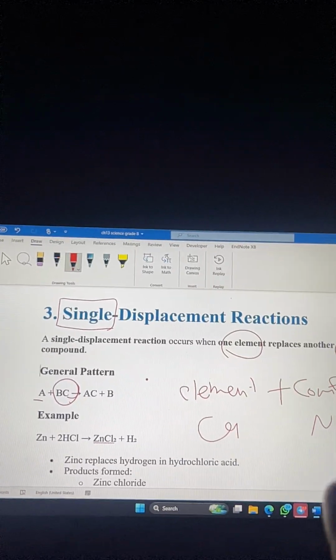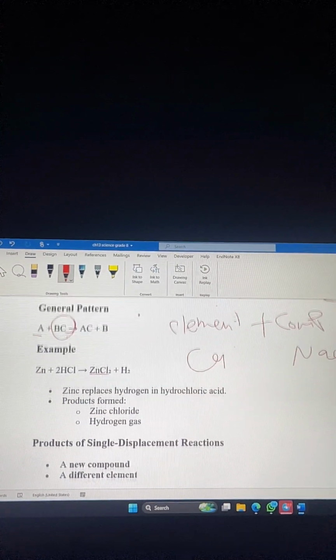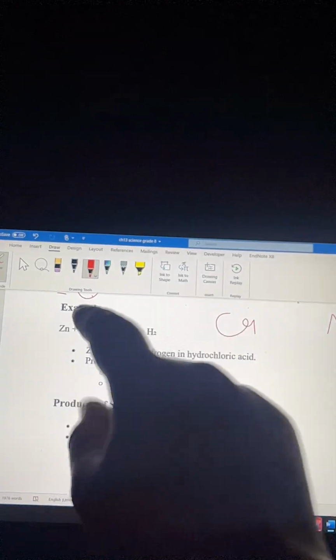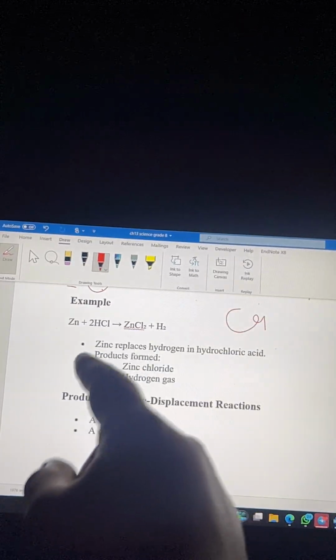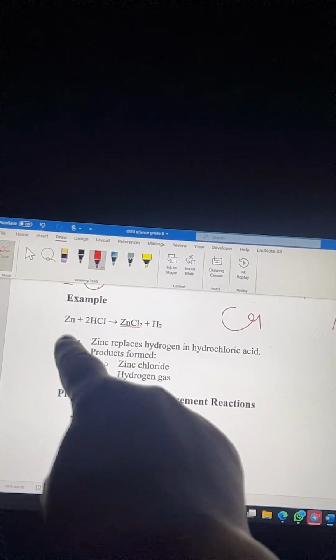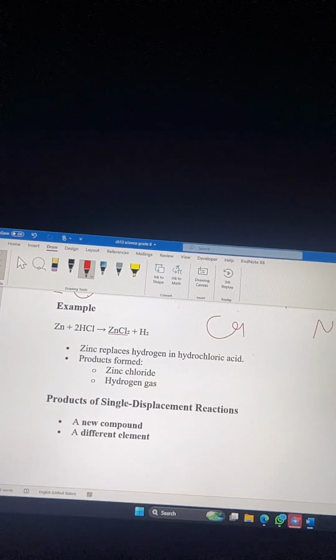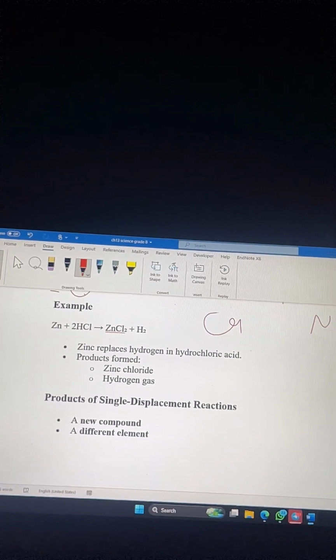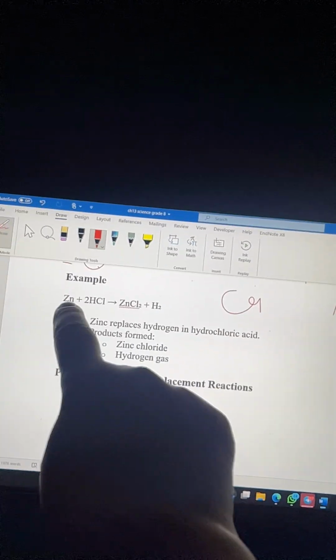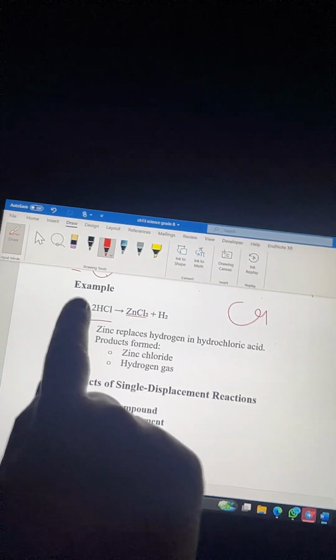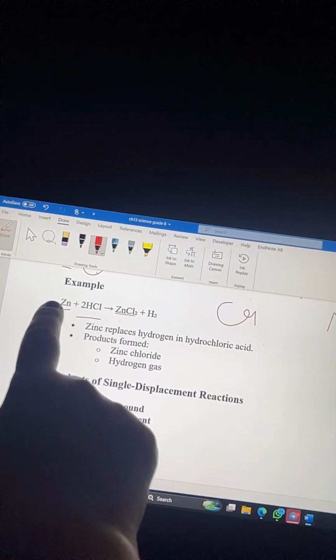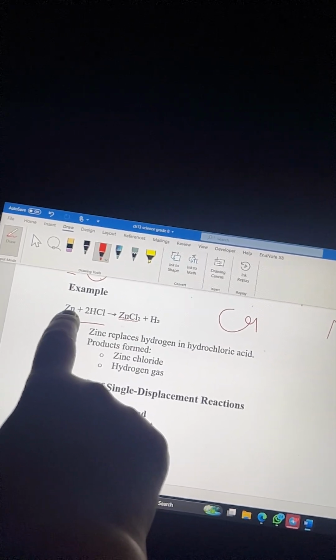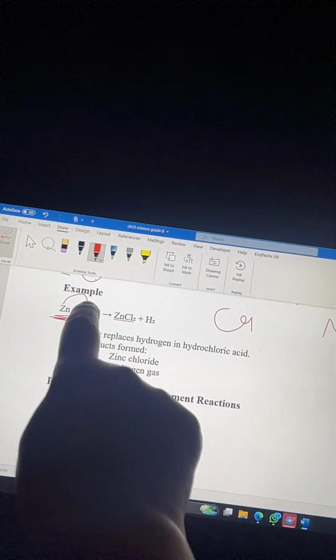For example, our example is zinc reacting with hydrochloric acid, HCl. So what do we have? We have Zn, which replaces the hydrogen.